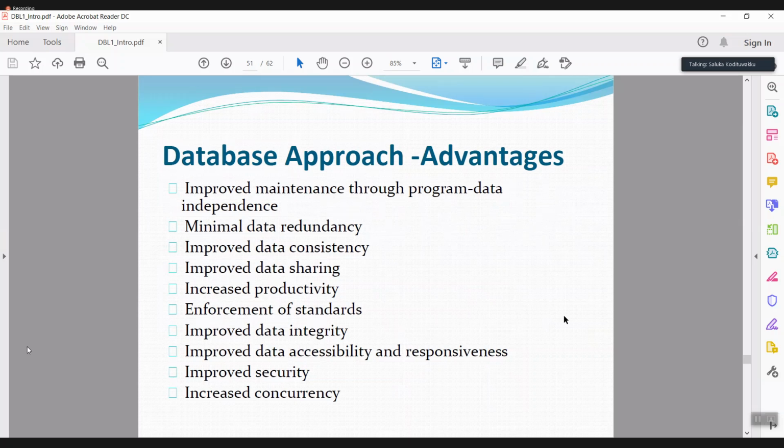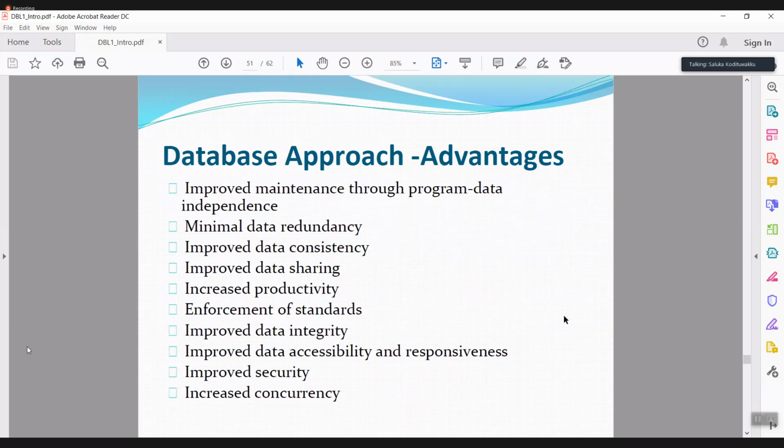One of the advantages is that it is easy to maintain, because the program and data are independent, since the three-level architecture facilitates data independence. When there is independence, it is easy to maintain. But if they are dependent, obviously it is hard.